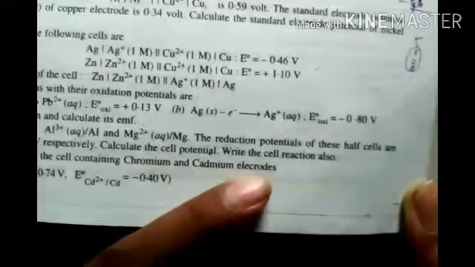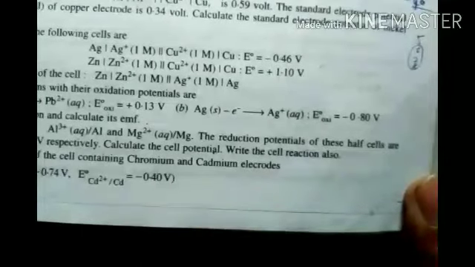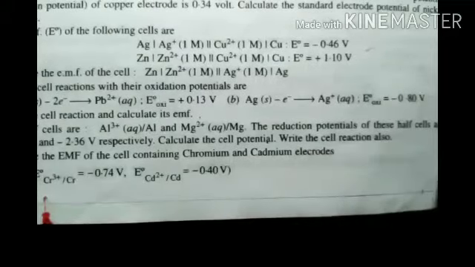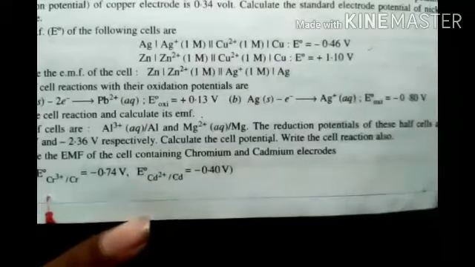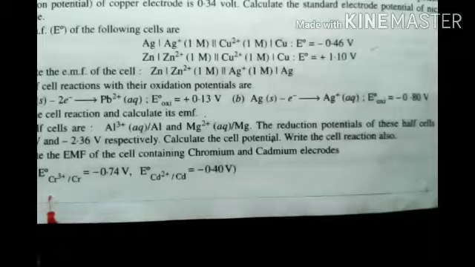Calculate the cell potential. Write the cell reaction also. And seventh question, calculate the EMF of the cell containing chromium and cadmium electrodes. Chromium is this, cadmium is this. Seventh question complete.